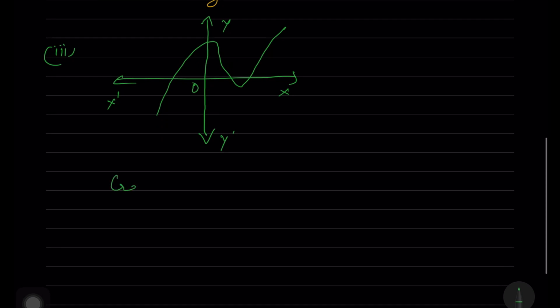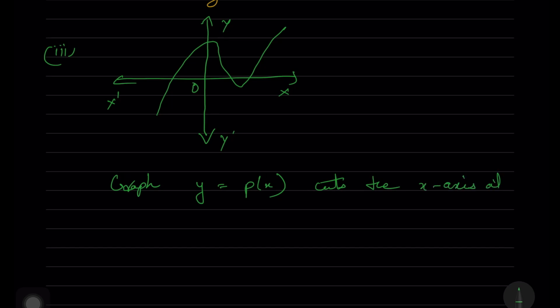So how many zeros will exist? There will be 3 zeros for this graph which cuts the x-axis at 3 points. We never consider the place where it cuts the y-axis. We only consider where it cuts the x-axis. Since it cuts the x-axis at 3 points, the given polynomial has 3 zeros.